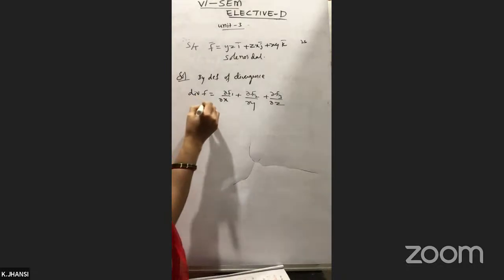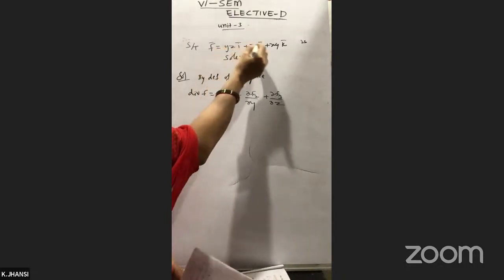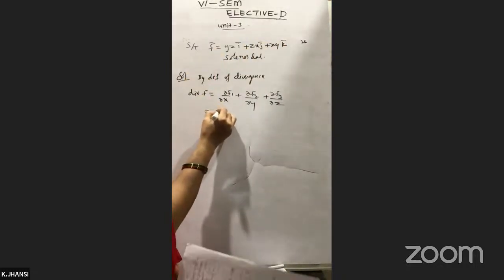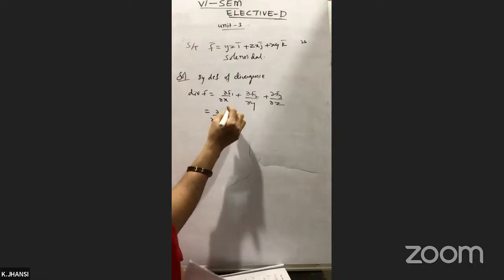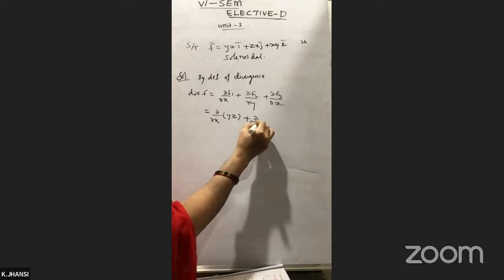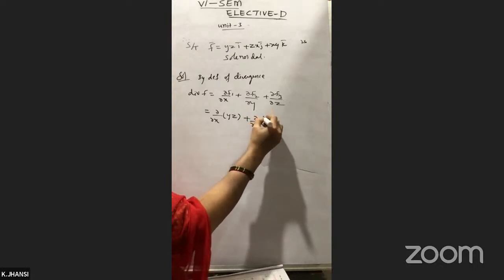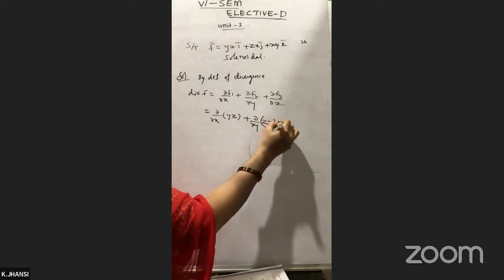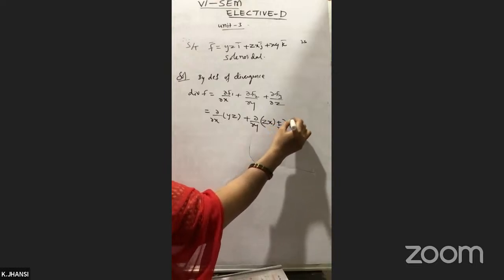Okay. So here directly we can write it as, here this is f1, f2, f3. So dou by dou x of f1, yz, plus dou by dou y of f2, zx, plus dou by dou z of xy.